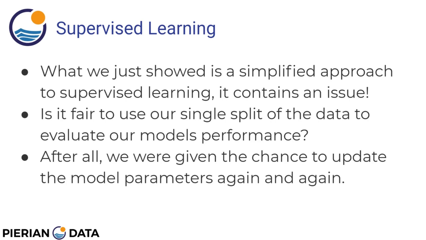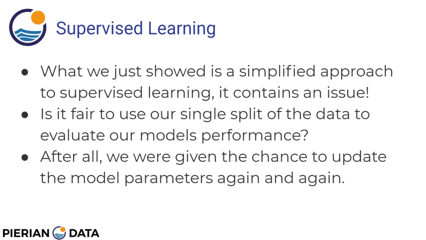For regression tasks, it could be something like a root mean squared error. For a classification task, it could be something like the accuracy. But is it actually fair to use the accuracy you get off that test data as your model's final performance metric, since technically, after all, you were given the chance to update the model parameters again and again after evaluating your results on that test set?